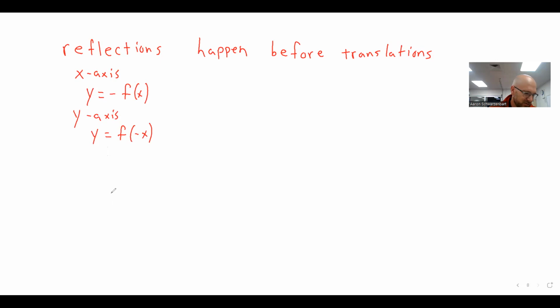Okay, so we're going to look at a couple of reflections. So here is f of x. There's my original.